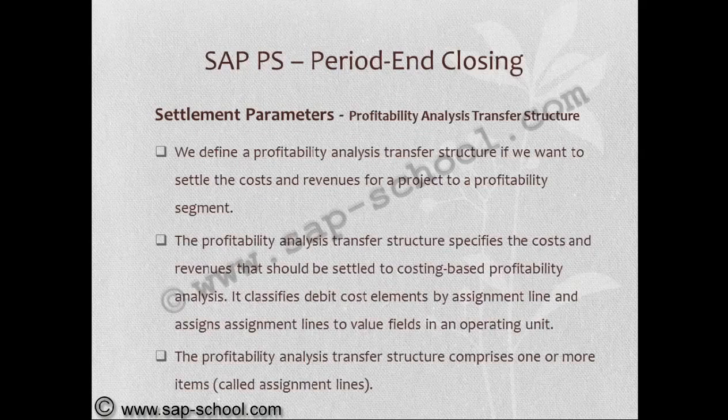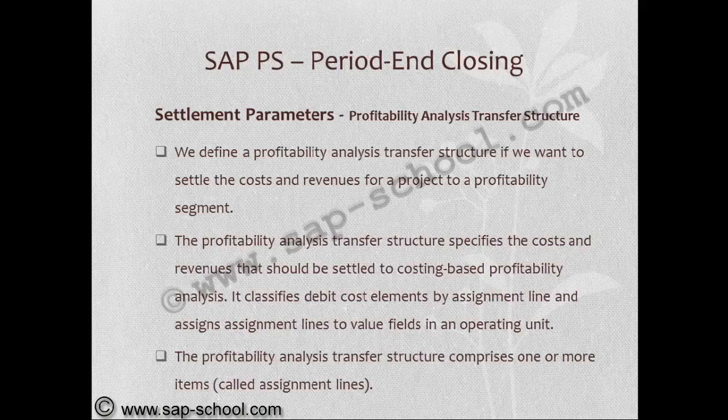We define a profitability analysis transfer structure if we want to settle the costs and revenues for a project to a profitability segment. The profitability analysis transfer structure specifies the costs and revenues that should be settled to costing based profitability analysis. It classifies debit cost elements by assignment line and assigns assignment lines to value fields in an operating unit.